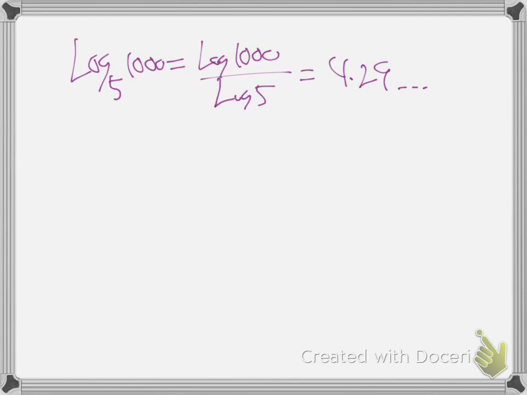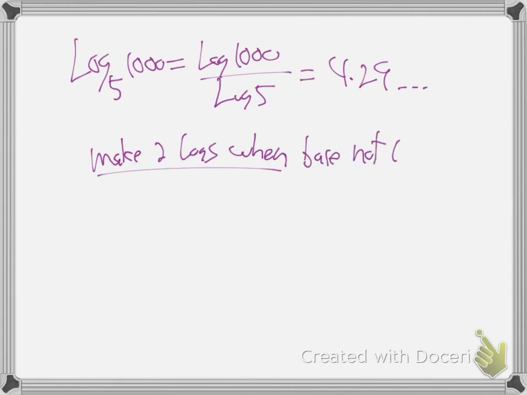Is that good? So we have to know how to do bases other than 10 or E. So 10 and E, we just use the button. But if they give us something other than 10 or E, make it 2 logs. Are you guys tracking with me?